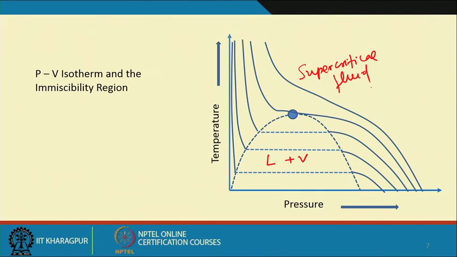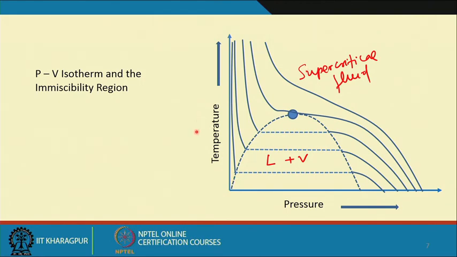As we all know, if we increase the pressure below that, the vapor will be liquefied, and it is not possible to further decrease the volume after we cross this boundary, where the liquid plus vapor field separates from a one phase supercritical fluid.